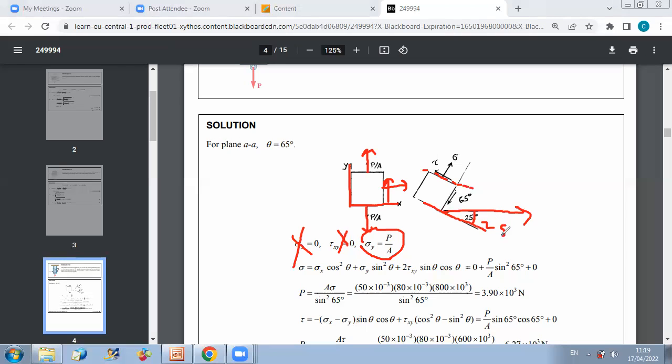So if I consider this axis as X prime and this axis as Y prime, I can say that on the glued section, I will have sigma X prime, and I will have tau X prime Y prime.